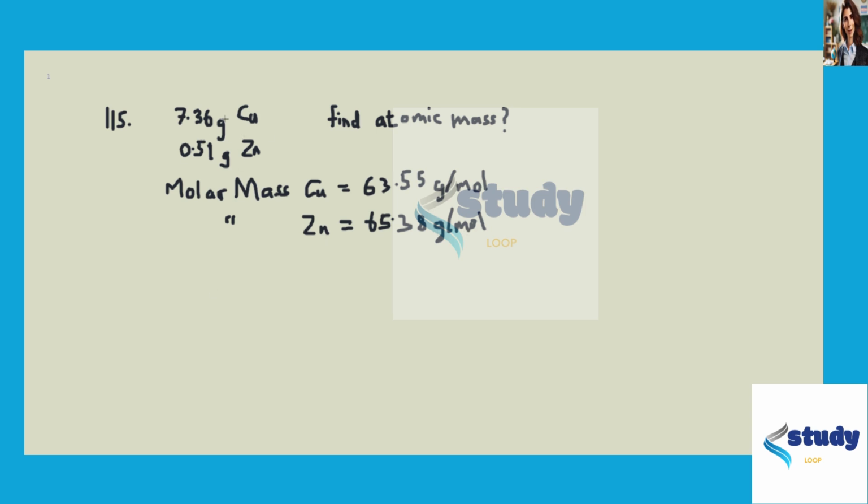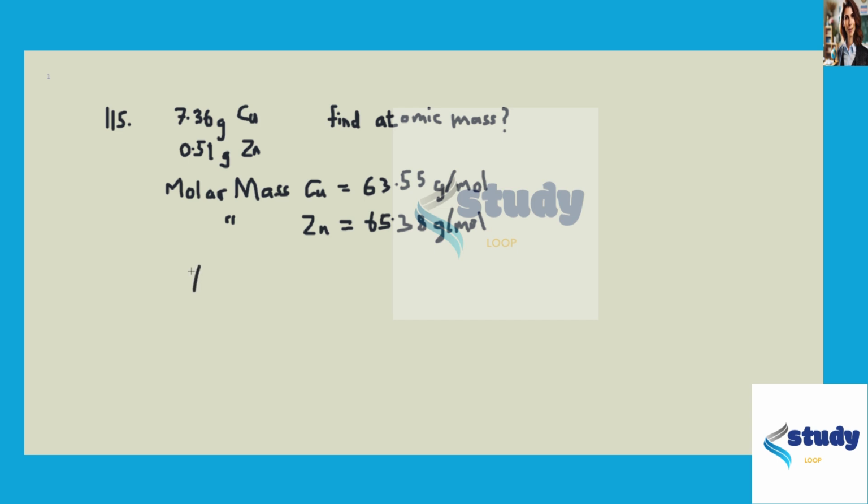What we do next is find the total mass of the sample, and then find the respective percentages of copper and zinc and multiply by their molar masses. Once we sum those, that will be our apparent atomic mass for the sample.